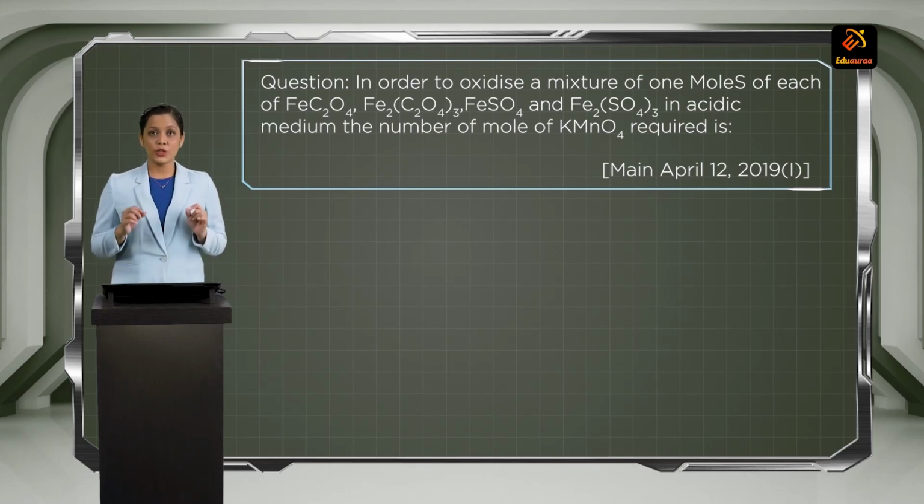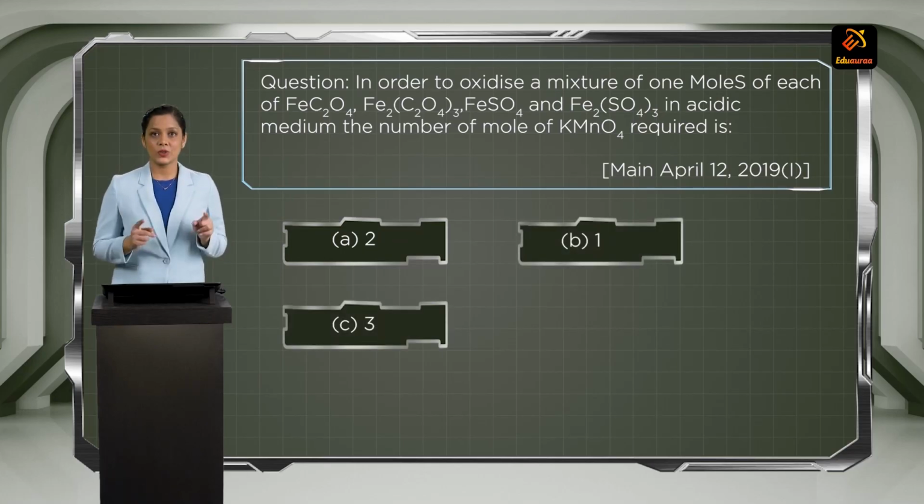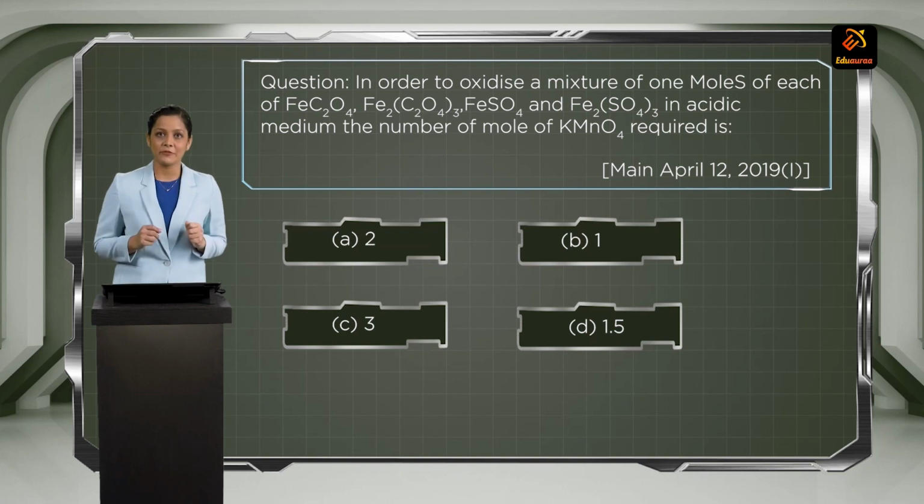Students, the next question is, in order to oxidize a mixture of 1 mole of each of, first one, FeC2O4, ferrous oxalate, Fe2(C2O4)3, ferric oxalate, FeSO4, ferrous sulfate and Fe2(SO4)3, ferric sulfate, in acidic medium, the number of moles of KMnO4 required will be: option A 2, option B 1, option C 3 and option D 1.5.